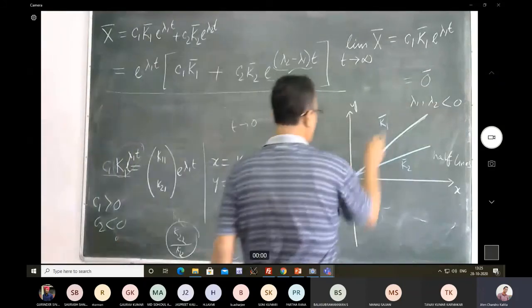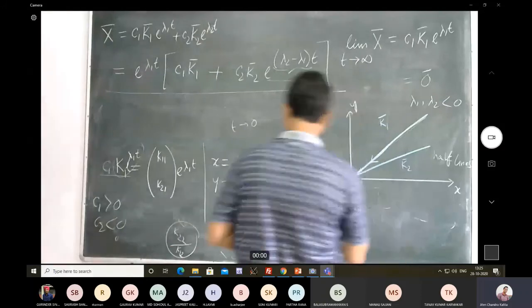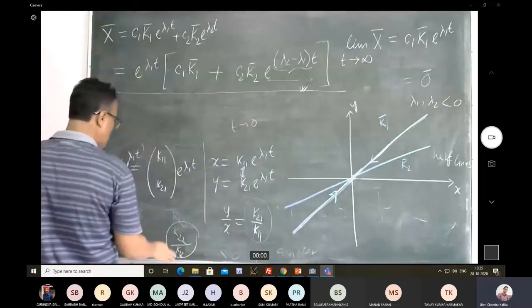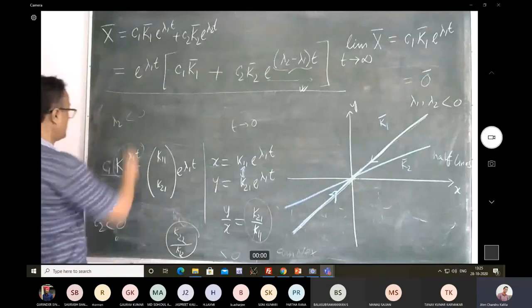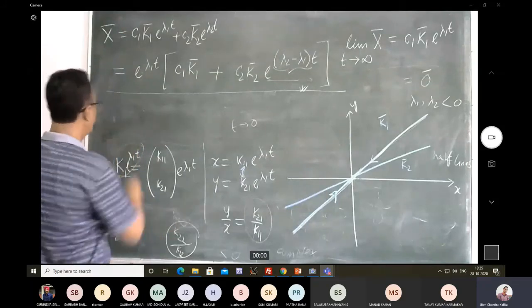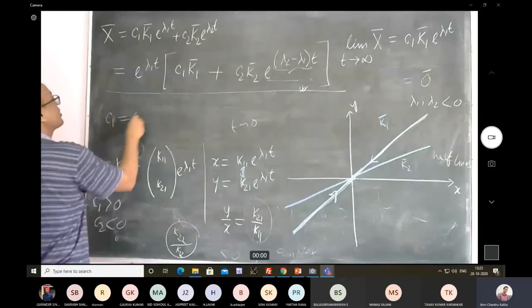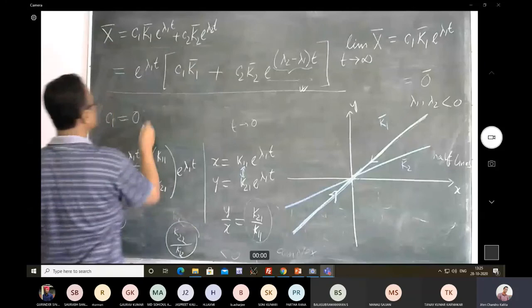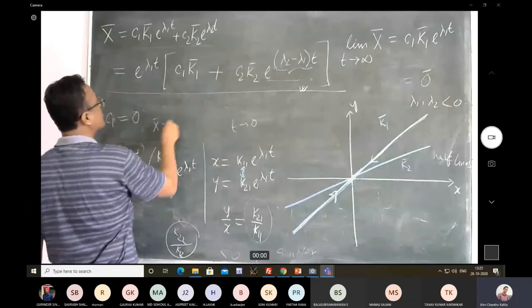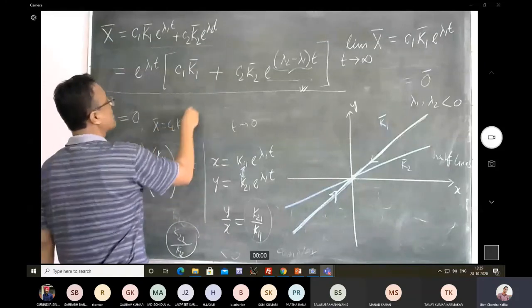So these are the K1, K2 I have drawn, and because lambda 2 is again negative, when C1 is going to be 0, this expression is always going to give you x equal to C2 K2 e to the power lambda 2 t.